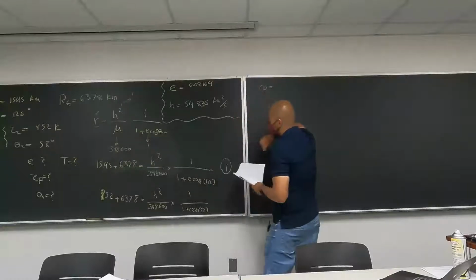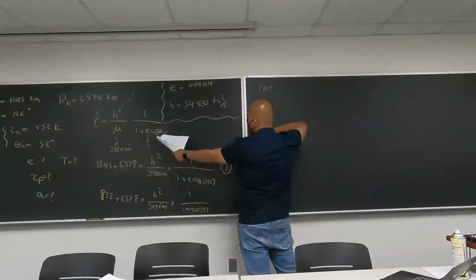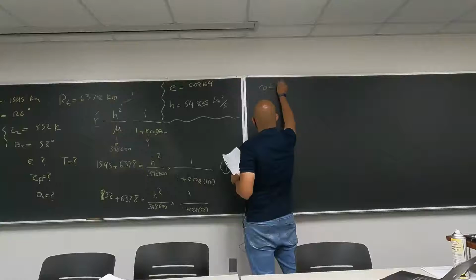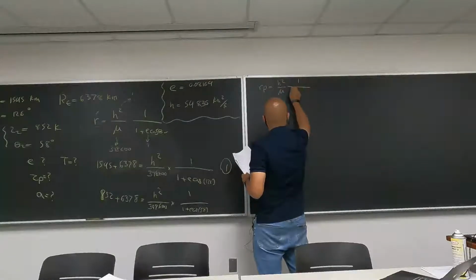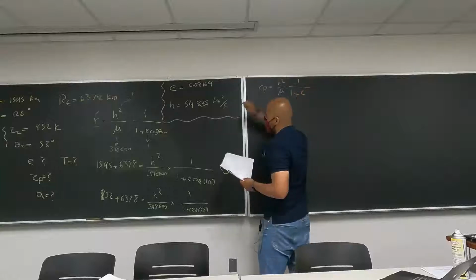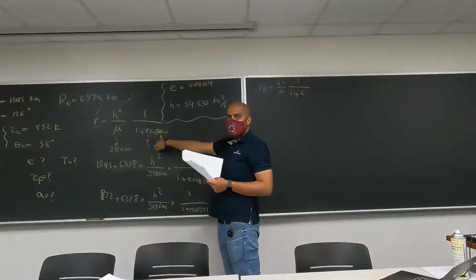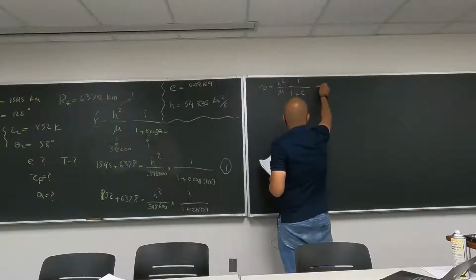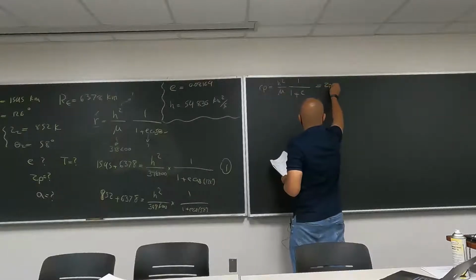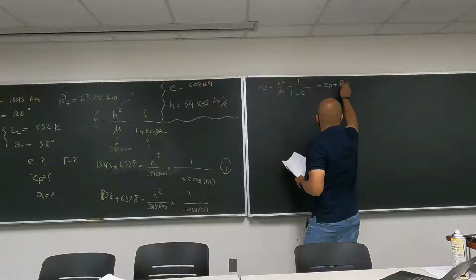What is R of p? It is h squared over mu, times 1 over 1 plus e. That's it, because you put 0 for theta and you get that. And which is equal to z of p plus the radius of Earth.